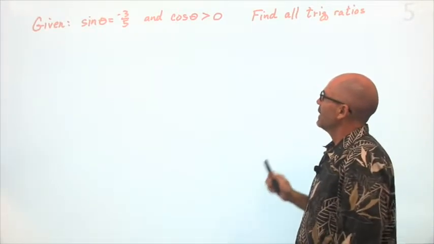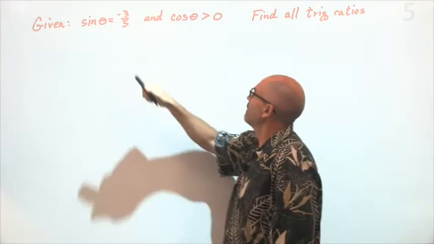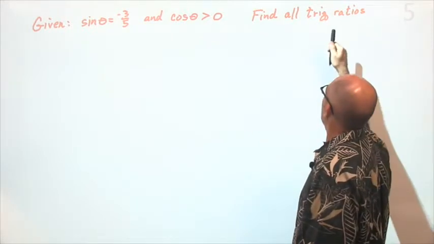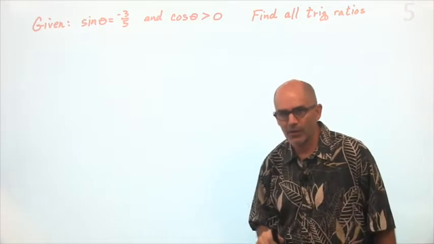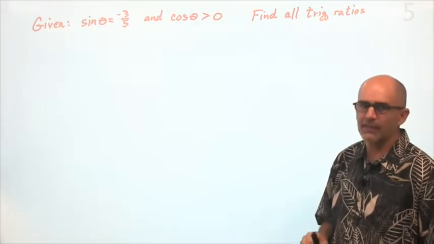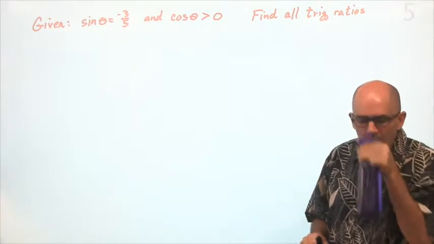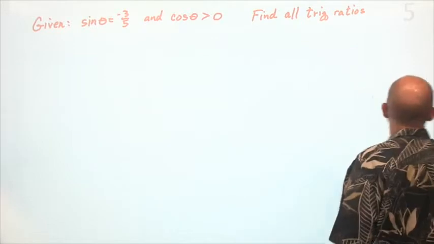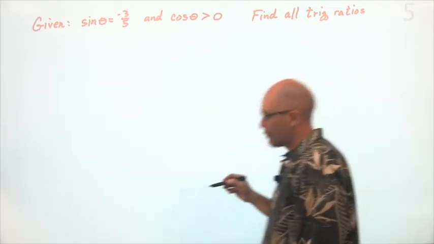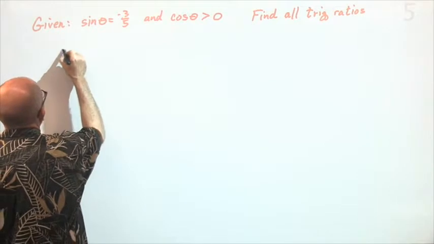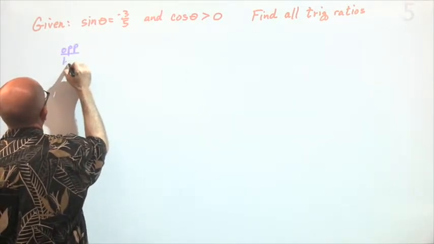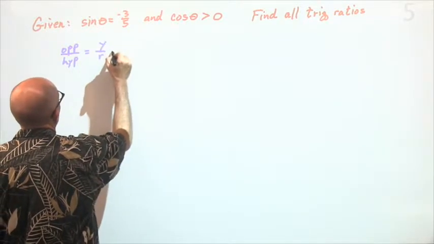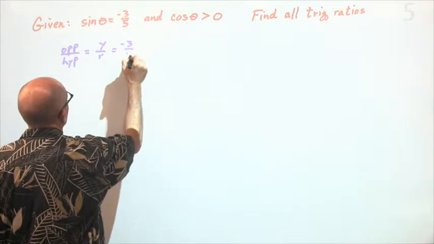Now, given that sine theta is negative 3/5 and cosine theta is positive, find all the trig ratios with their correct sign. So let's check that out. Because we know that sine is negative 3/5, that means opposite over hypotenuse, which equals y over r, equals negative 3/5.